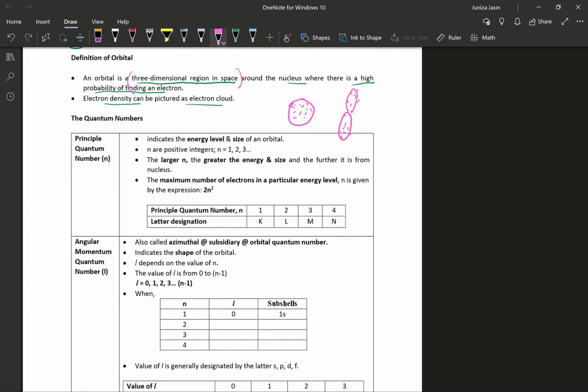Okay, so next thing we have to learn adalah we need to know the quantum numbers. Okay, so mungkin ramai fikir apa benda lah quantum number ni. Quantum numbers are the numbers that will indicate the position of electron. Kiranya kita nak tahu dekat mana elektron tu berada dalam orbital tu, kita kena tahu dia punya quantum numbers. Okay, there are 4 quantum numbers here. Start with principal quantum number, which is n.